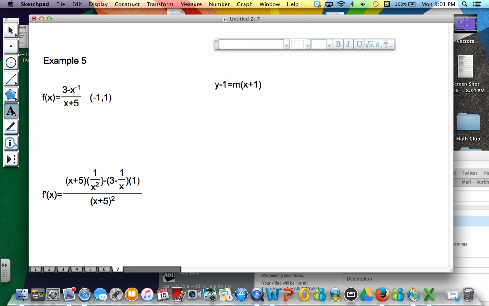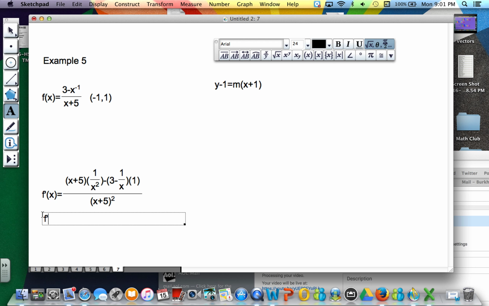So now I need to evaluate this at x equals -1. So I'm finding f prime of -1. So I'll have 4, and then when I plug in a -1 to 1 divided by x squared, I'll just have a 1 minus, and then I'll have 3 plus 1, which is 4, times 1, divided by 4 squared, which is 16.